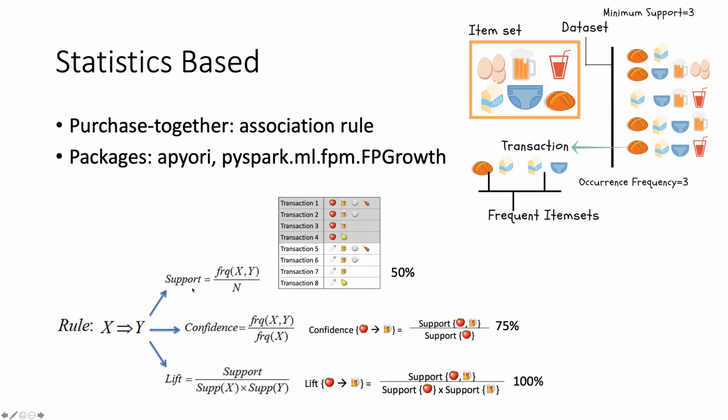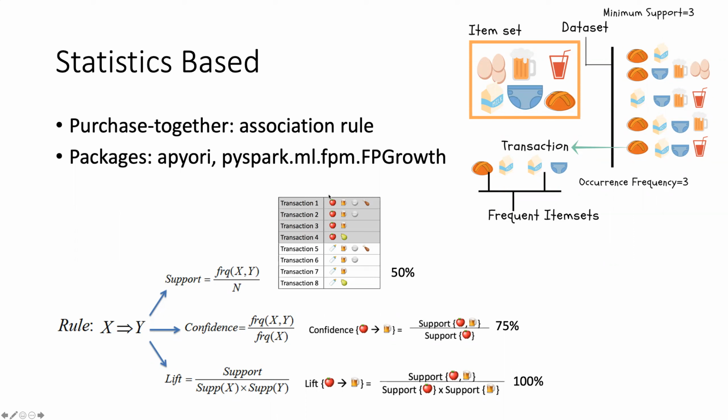The first one is called support. So support is like the two things that were purchased, divided by the total number of transactions. For example, here, the support of Apple is 50% because there are 8 total transactions, and Apple transactions are 4, so 4 divided by 8, 50%.